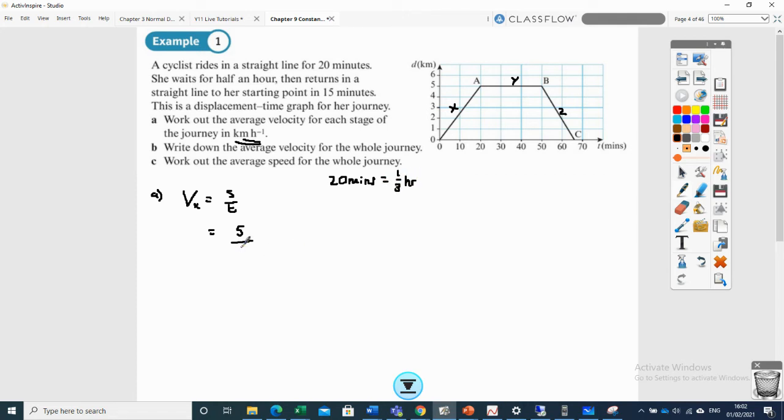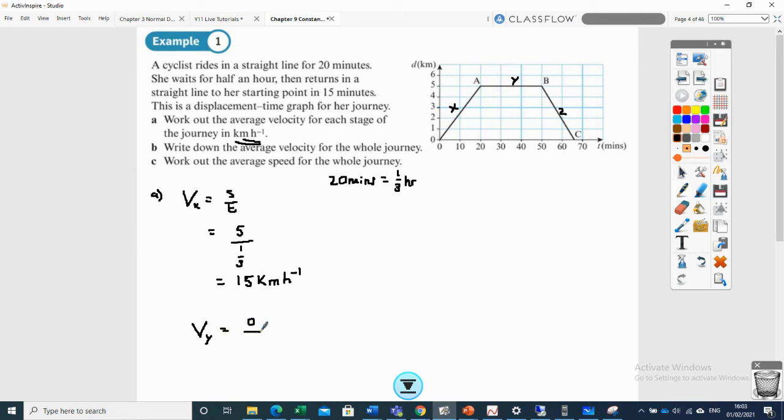So we can do 5 divided by 1/3. You can work that in your head, or you can do it on your calculator, and that will give us 15, and it's kilometers per hour, km h to the minus 1. So that's for stage X. Velocity at Y. Now you can probably pretty much tell straight away from looking at the graph the distance has not changed, but let's put it into the formula.